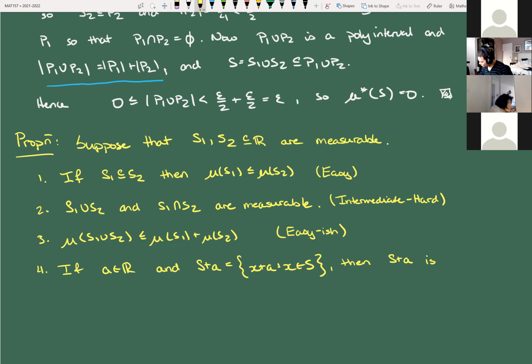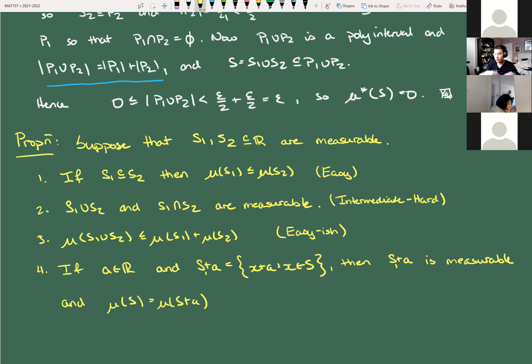Then S1 plus A is measurable, and their measure does not change. Right? So again, this should be intuitive.